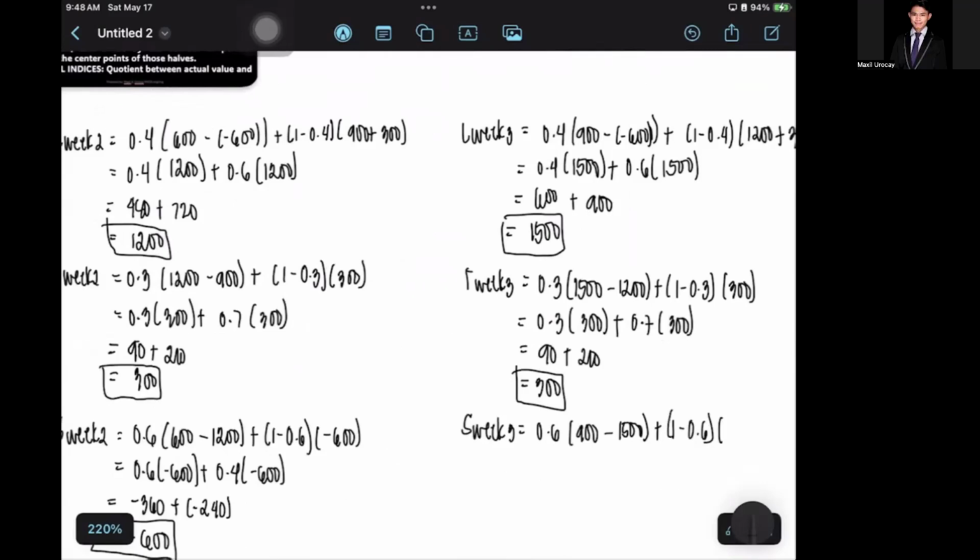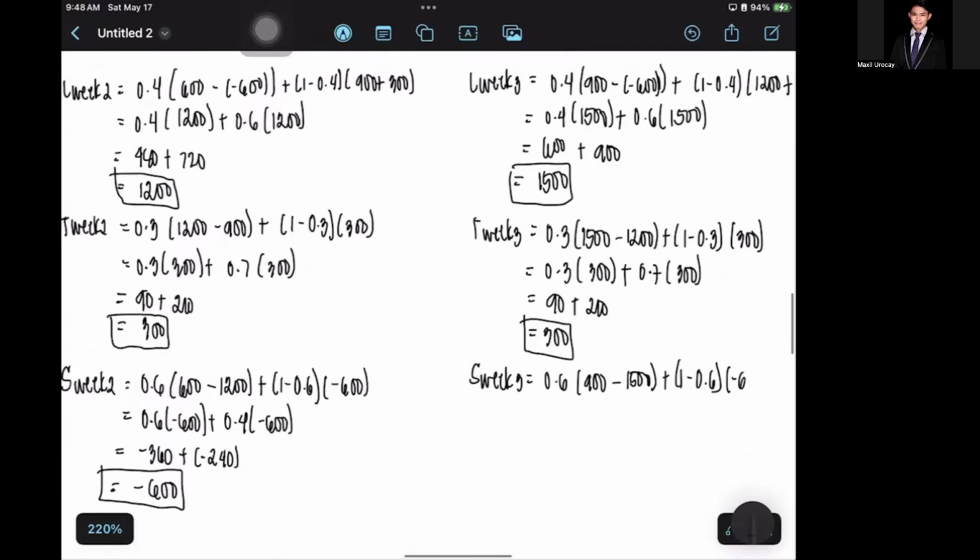The previous seasonality value is negative 600. So what will happen right now? 0.6, no. 900 minus 1,500, it will become negative 600. Then plus 0.4 times negative 600.